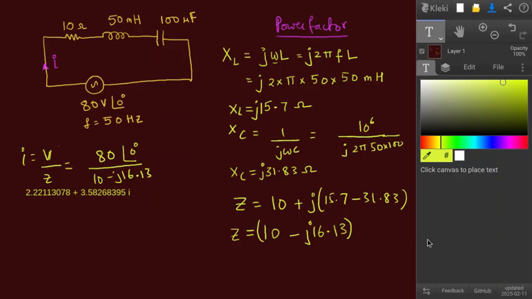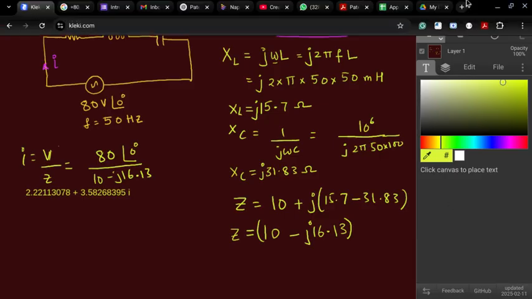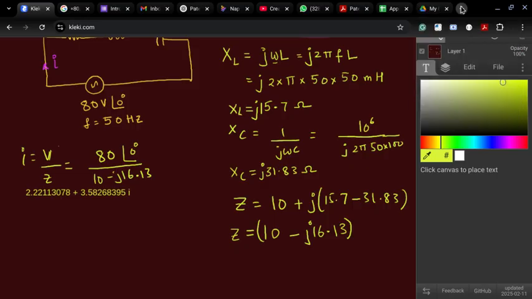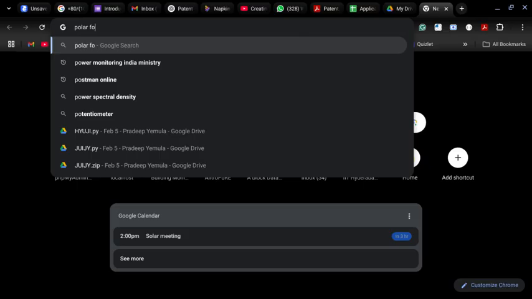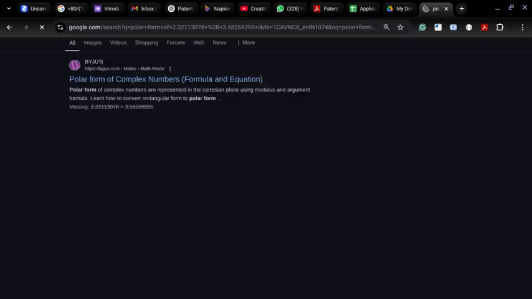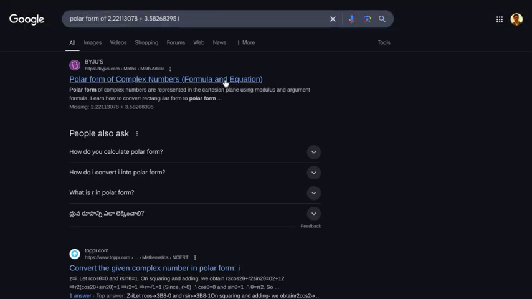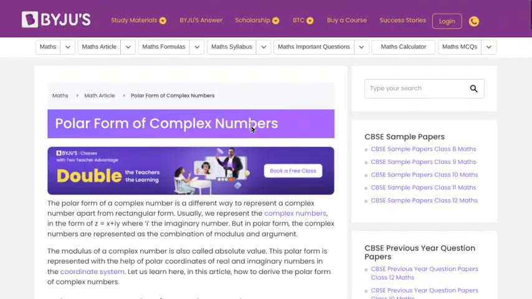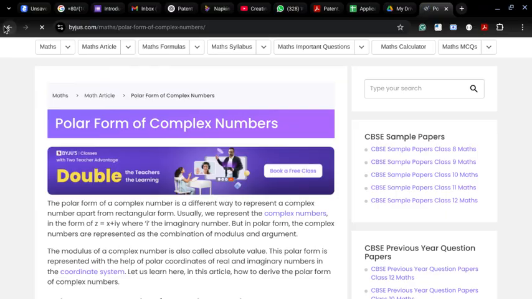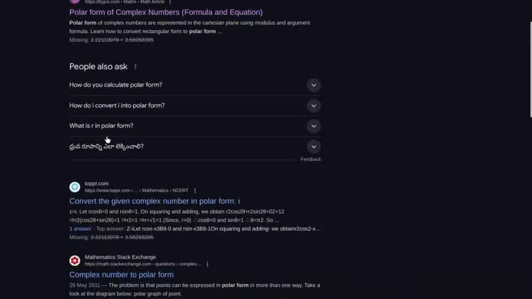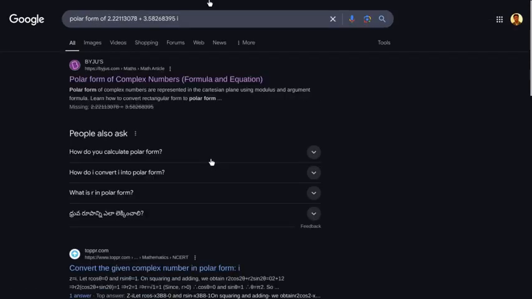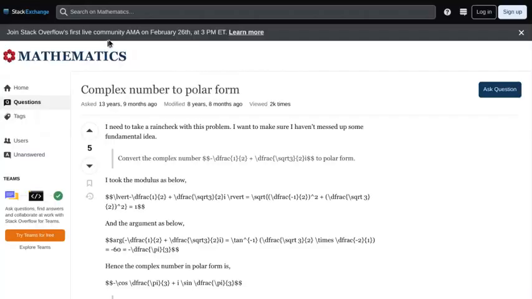But what was the question? What is the power factor? Let's convert the current into polar form. I don't want all these calculations, so let's look for it.